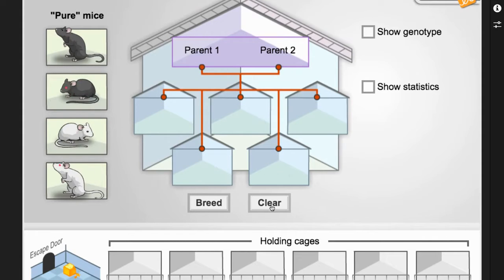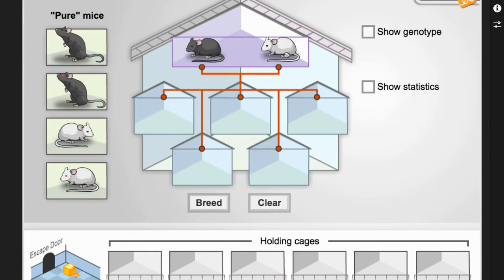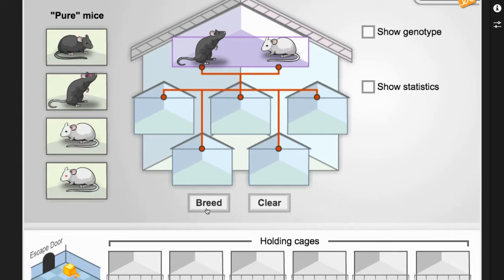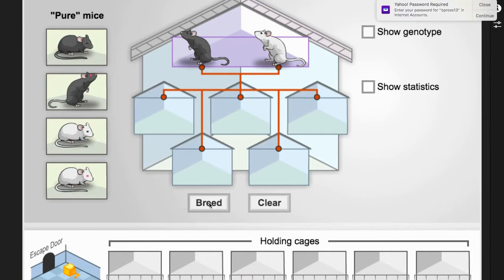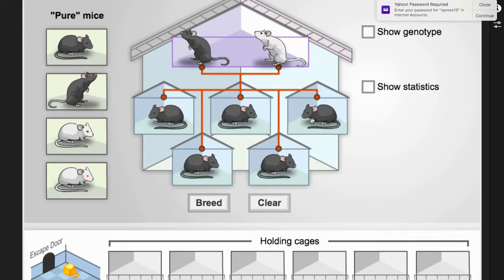So what we determined was that black eyes and black fur were both dominant, and that the red eyes, at least, were recessive. When we tried taking black fur and white fur and bred them together, make a prediction on what's going to happen, since we just said black is going to be dominant here. Now, when we breed them together, yes, every single one of them has black fur color.